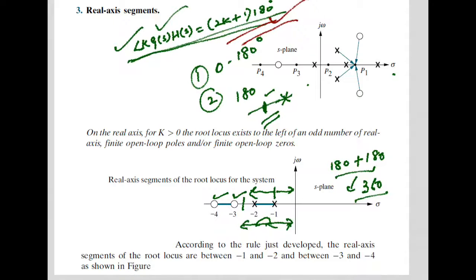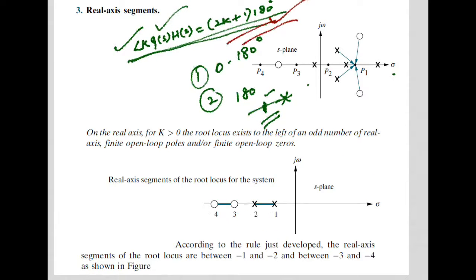Now come to the point between -3 and -4. We will observe that for the -1 the contribution would be 180 degree, as we have already observed. Let us suppose that the point is between -3 and -4. For the contribution of -1 we have 180 degree. For -2 we have 180 degree.